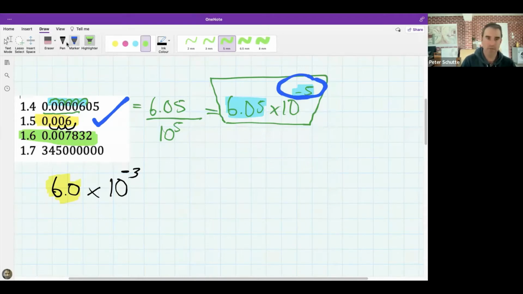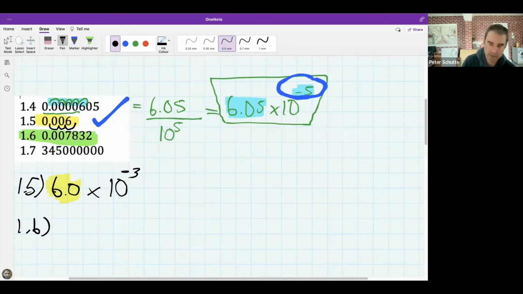I'll give you a moment to see who can get 1.6. Remember, with scientific notation, we always only want one number in front of the decimal point, and we want that number to be between essentially 1 and 9.